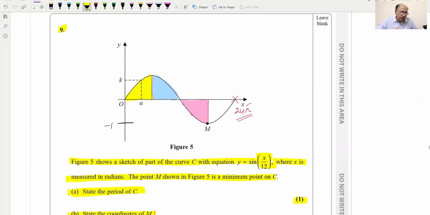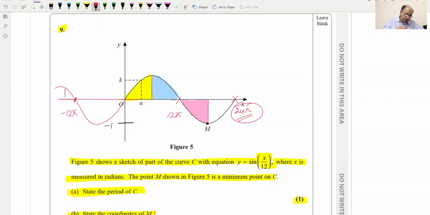For the negative solution, we can extend this to the negative side like this, for your understanding, and draw a curve like this. So this is 24 pi, this will be 12 pi, and this side will be minus 12 pi, and the negative solution for this side will be over here.